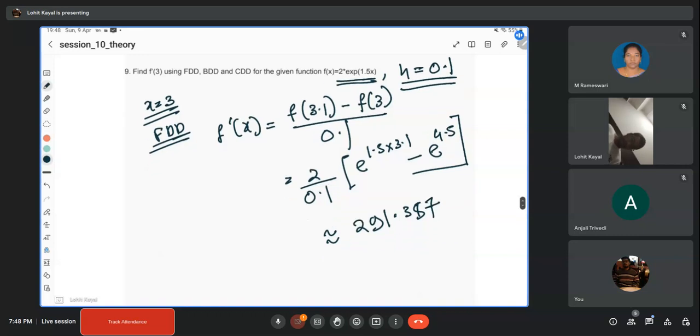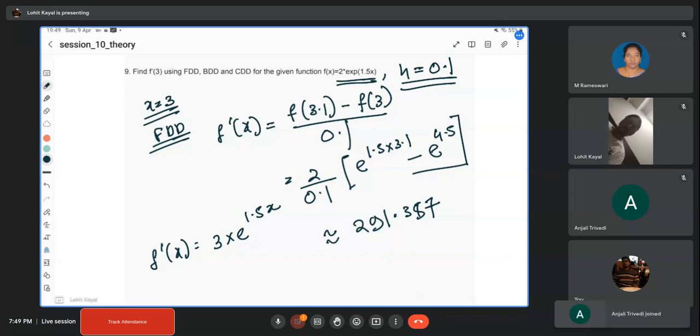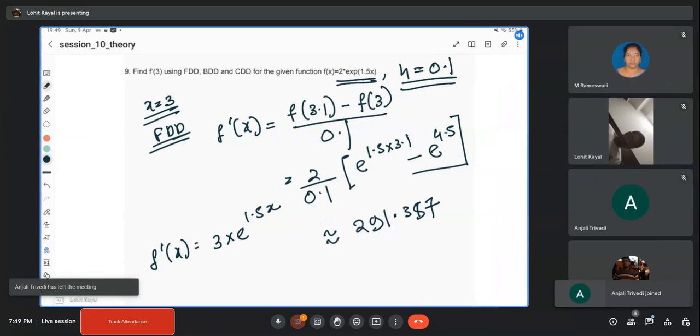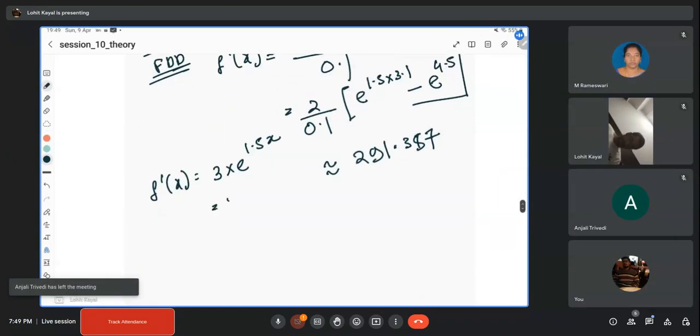Now, what is the analytical expression for f prime of x? The analytical expression is 3 times e to the power 1.5x. Okay, so if I want to calculate the analytical value, it is e to the power 4.5 times 3. So the correct answer is 270.05.